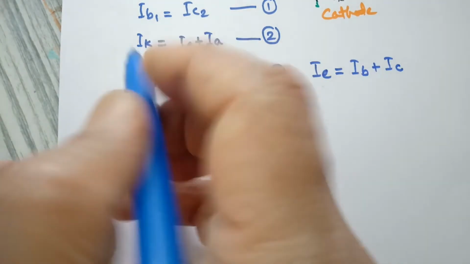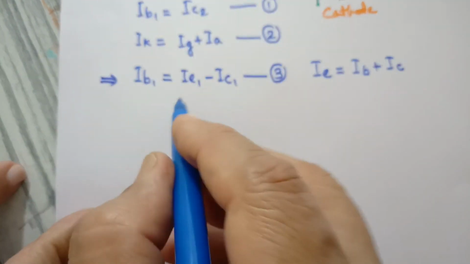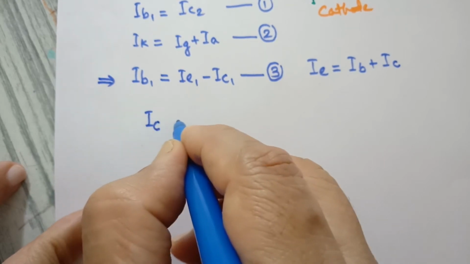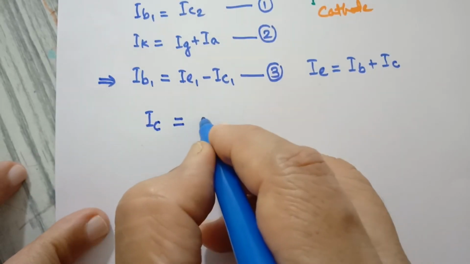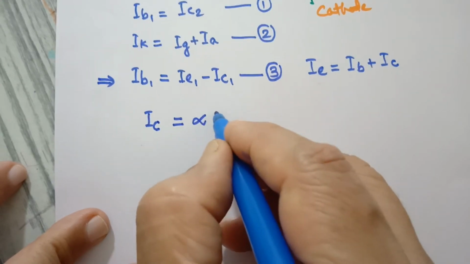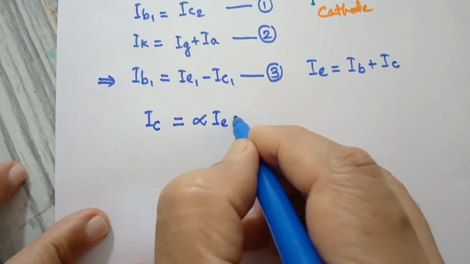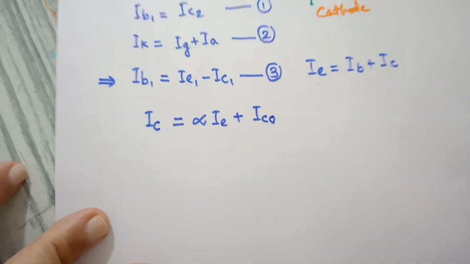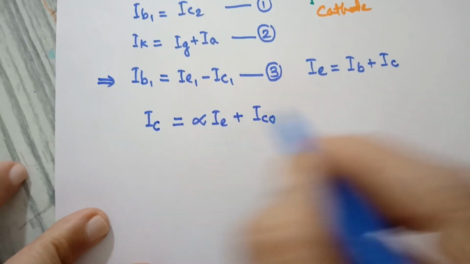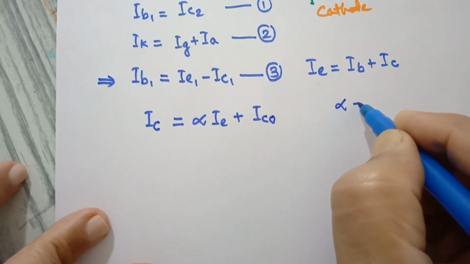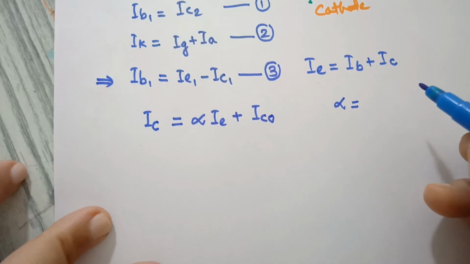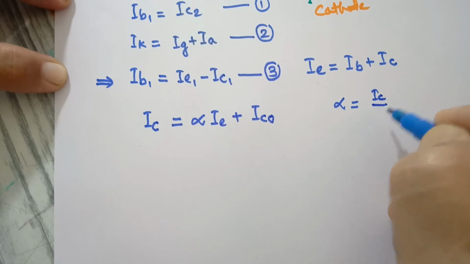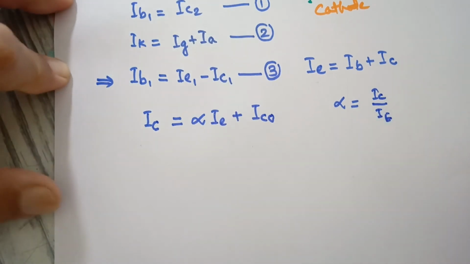But we also know that the collector current for any particular transistor can be expressed as alpha into IE plus ICO. What is this alpha? Alpha is the common base current gain, and we have defined it as the ratio of IC to IE for a transistor.